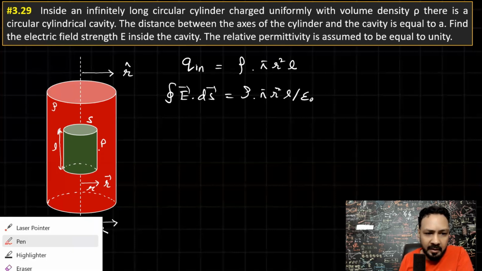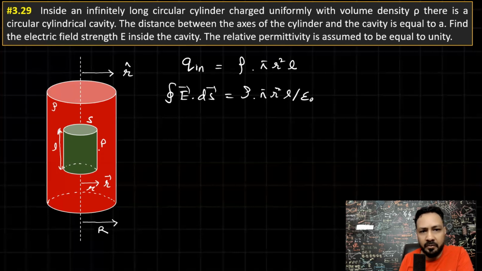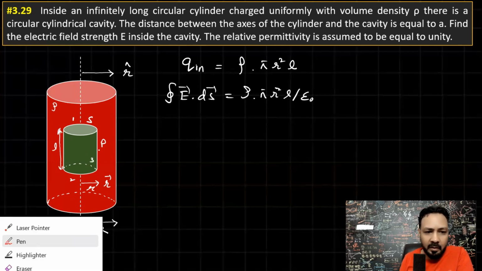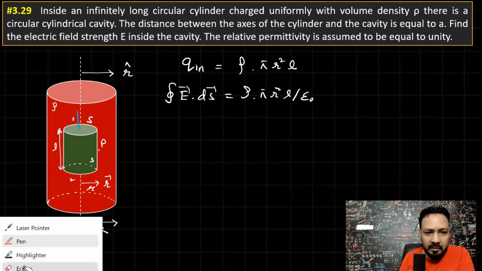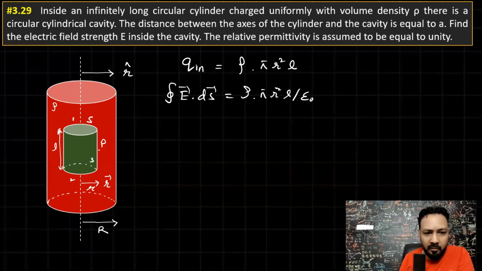This integration has to be computed over three surfaces. This is surface 1, this is surface 2, and this is the curved surface 3. You can see clearly that the electric field, by symmetry, has to be in the radial direction. On surface 1, the area vector is along the axis, normal to the surface.